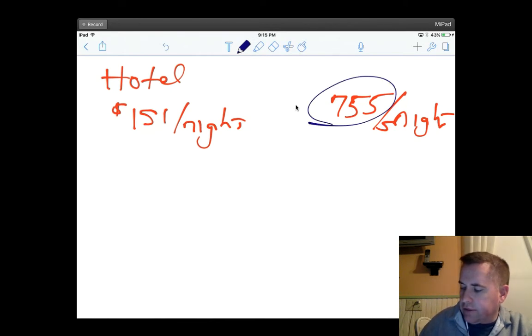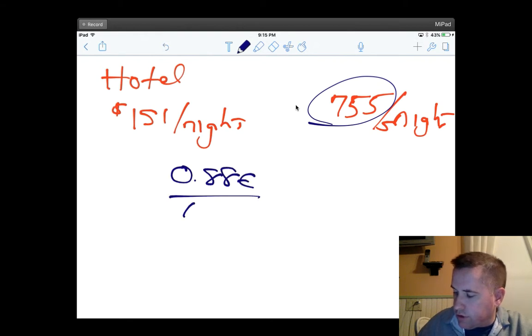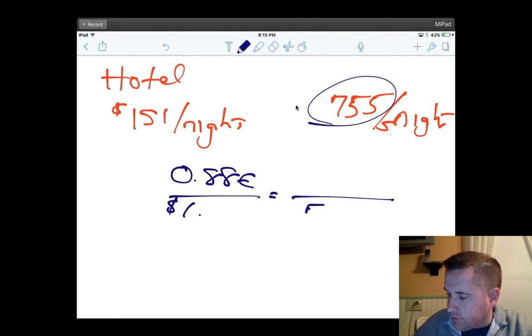We're going to use that same conversion rate for our hotel. So it's $755 for the hotel, and our currency conversion was 0.88 euros per dollar. So how much is that for $755?